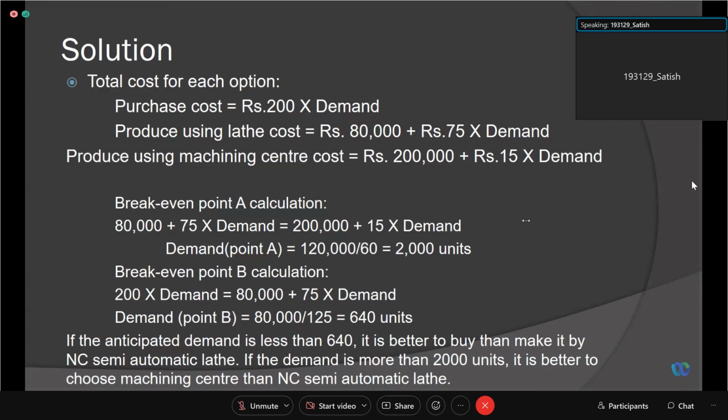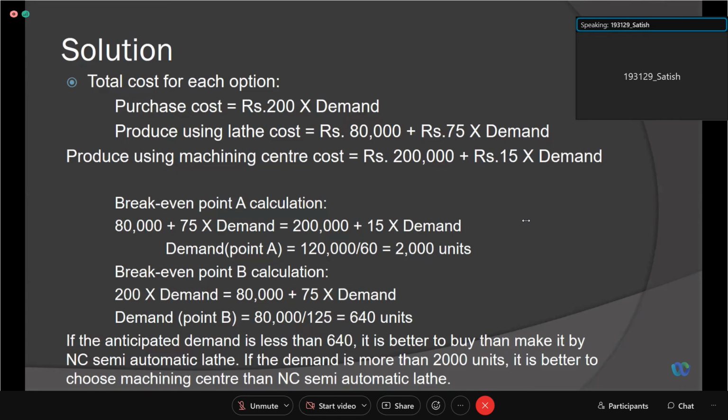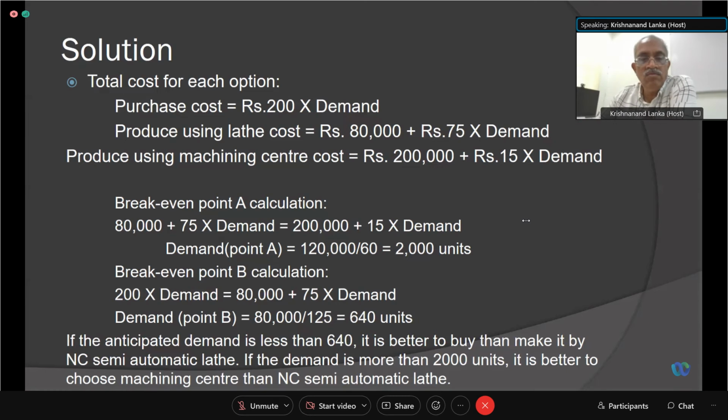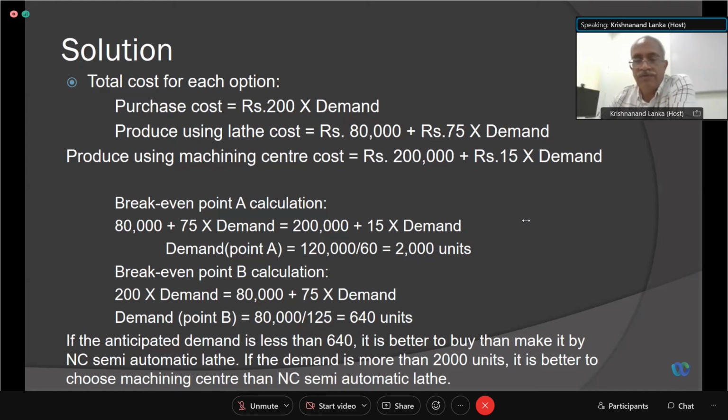Yes, because beyond 2000, it is better to buy and set up a machining center. So if the demand is between 640 and 2000, then you go for NC semi-automatic lathe.